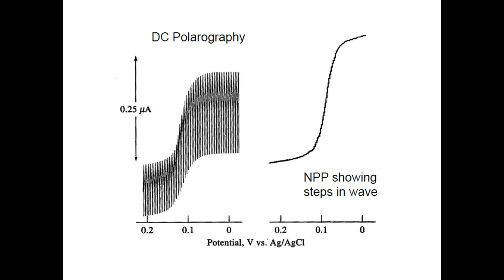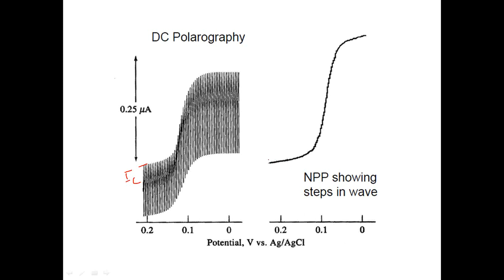So this is the polarogram that you obtain for a normal direct current polarography, right? You can see a large oscillation in the current curve here. This is due to the presence of capacitive current in the system. But this kind of oscillation is not seen in the normal pulse polarography.